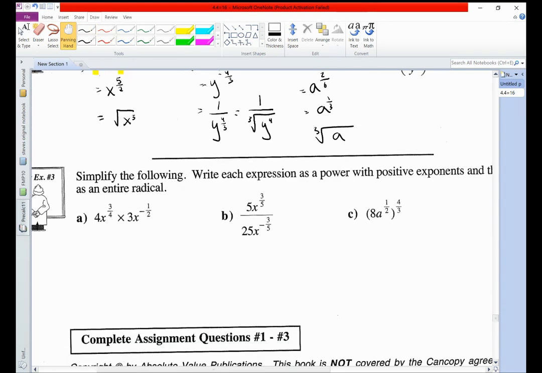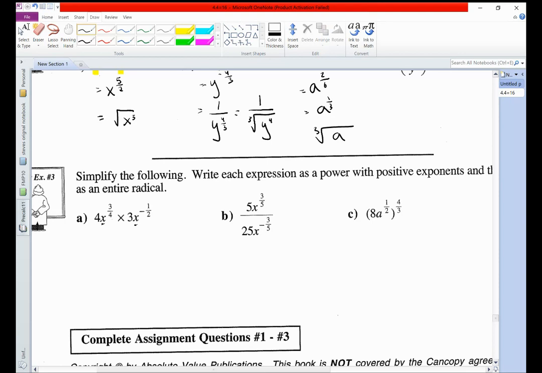So we have 4 multiplied by x to the power of 3 over 4 multiplied by 3 times x all to the power of negative 1/2. So we can multiply all this together. When we multiply powers with the same base, we have to add the exponents.